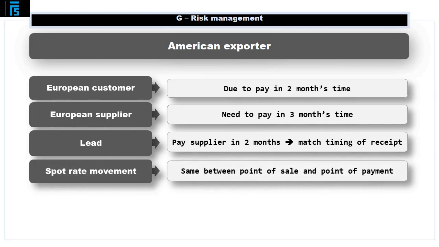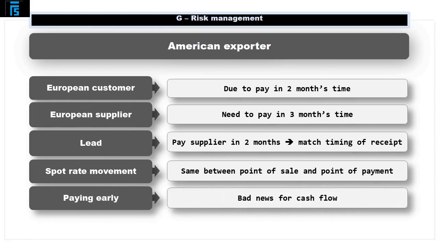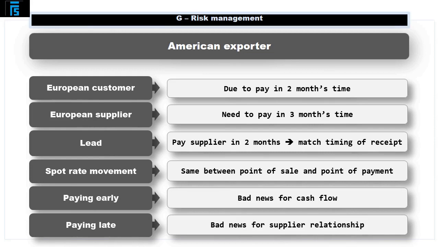This means the movement in the spot rate between the point of sale and the point of payment will be the same, as we are ensuring we pay our supplier at the same time as we receive money from our customer. However, paying suppliers early is bad news for our cash flow, and paying them late is bad news for our supplier relationship.